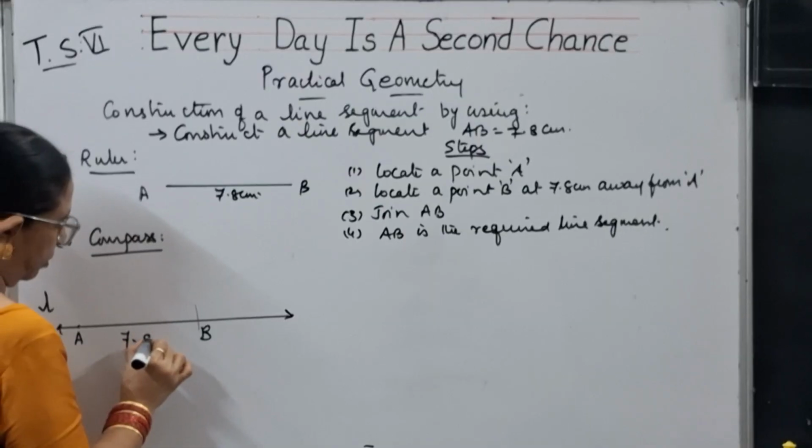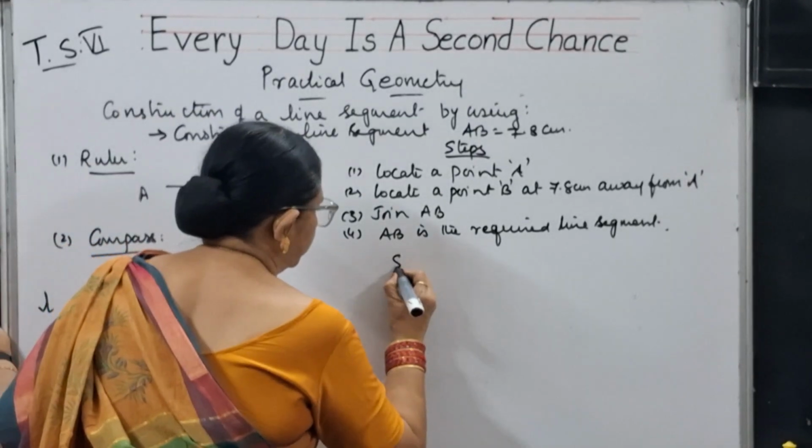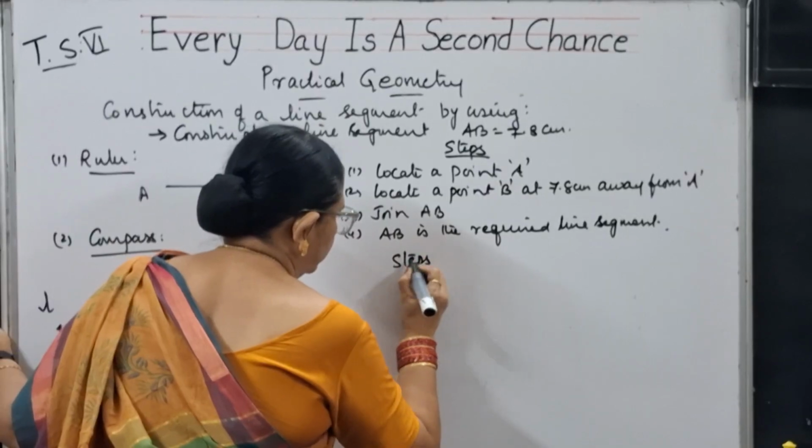AB is 7.8 centimeters. So, what are the steps that you have done here?